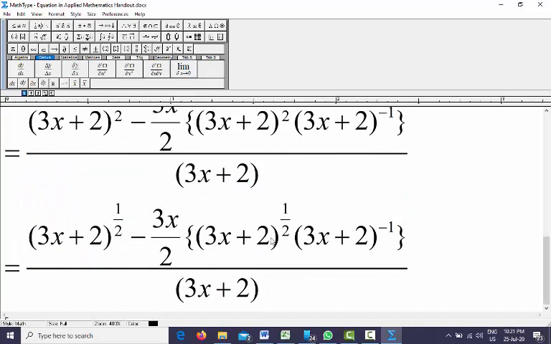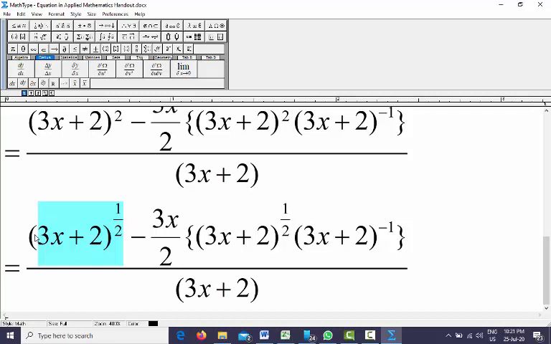Now here you have (3x + 2)^(1/2), and again you have (3x + 2)^(1/2). So we can take (3x + 2)^(1/2) common, and then we can solve the remaining part.